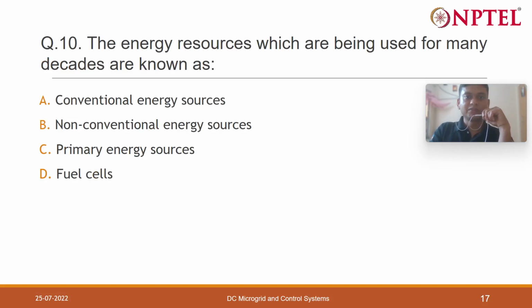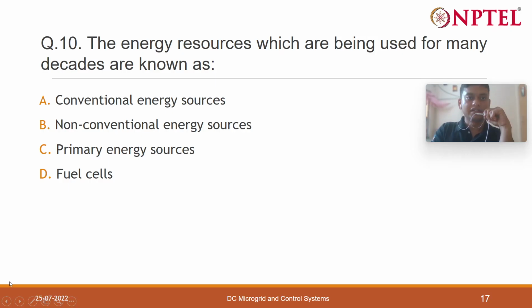So the energy resources which are being used for many decades are known as conventional energy sources, and the non-conventional energy sources are also called renewable energy sources.